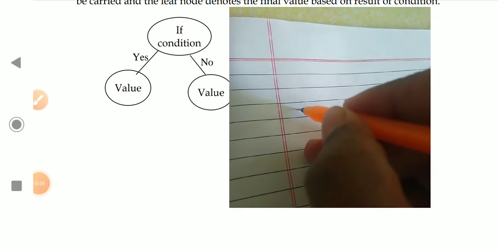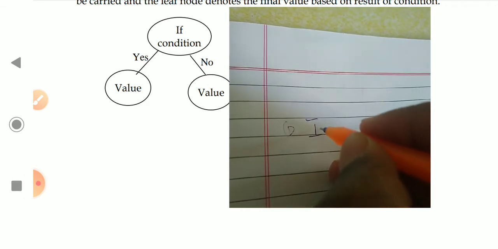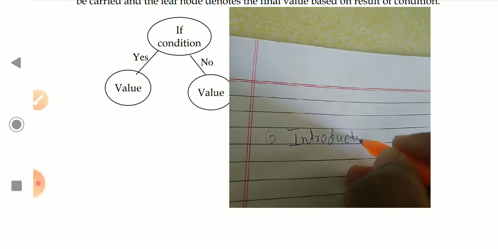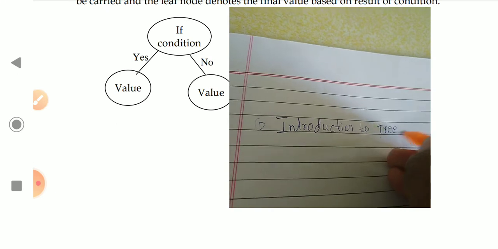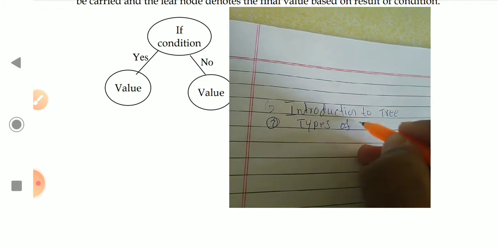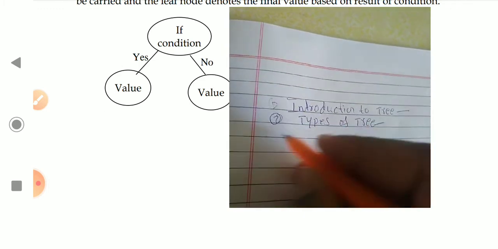First, we studied the trees concept, some terminologies, introduction to trees, tree terminology, and also the types of trees. In the first video we studied trees, tree terminology and types of trees.